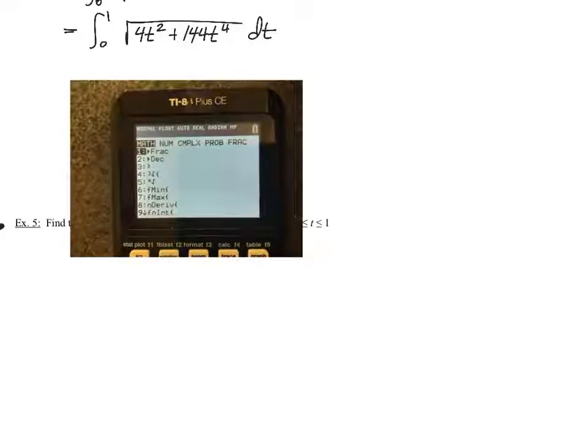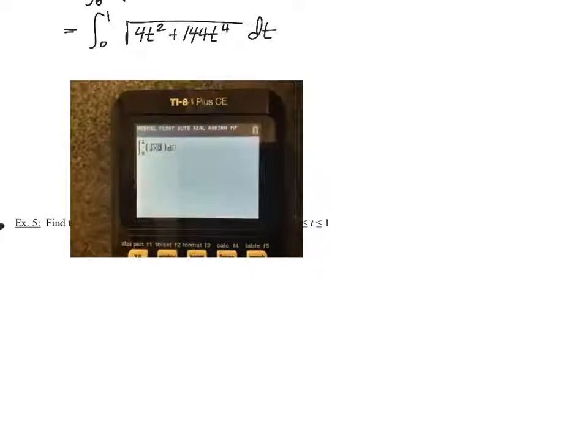Math 9. You can scroll down, but it's the one that says fnInt on your calculator. It won't look like that on the screen, assuming that your screen is set up properly. It should look like just a good-looking blank integral, and then in that blank integral, you just type. So that's what I'm going to do: 0, hit the up arrow, 1, right arrow, square root.